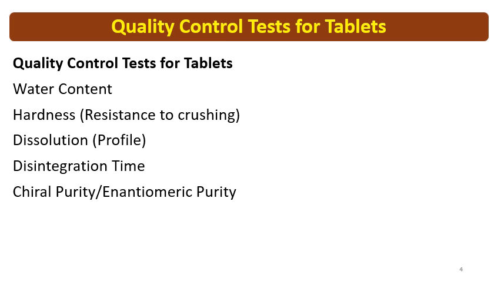Other quality control tests are water content. Water content is evaluated by water by KF testing, where Karl Fischer reagent is used, that's why it is generally known as water by KF. Then hardness, that is resistance to crushing. Then dissolution profile.